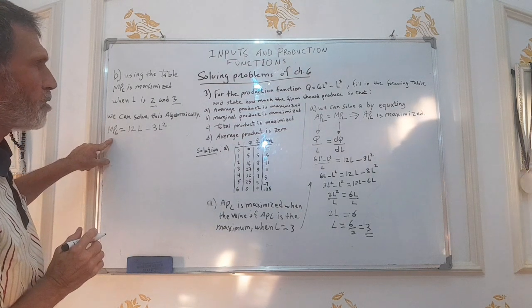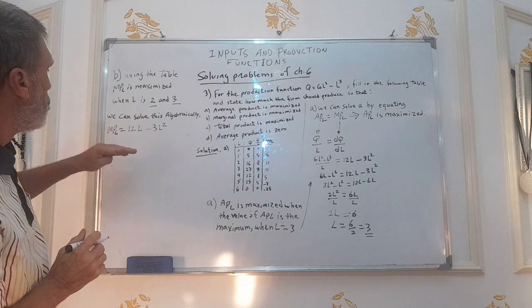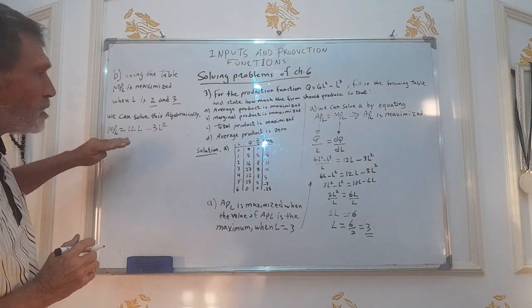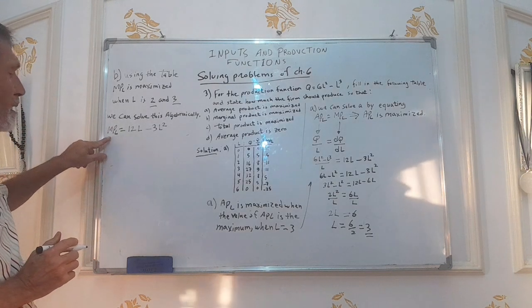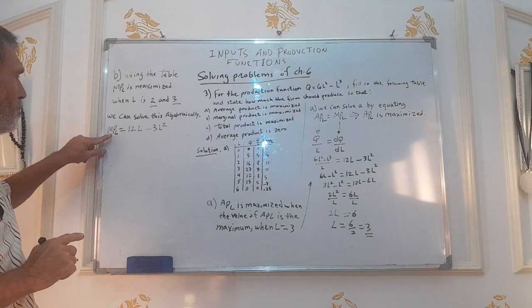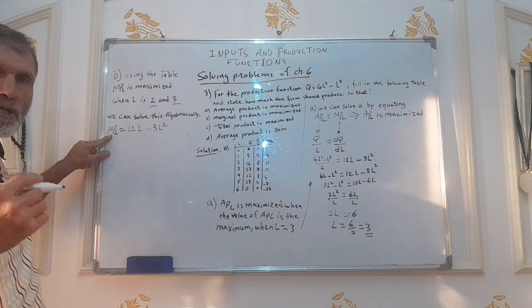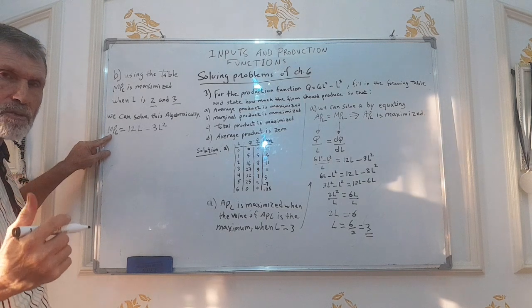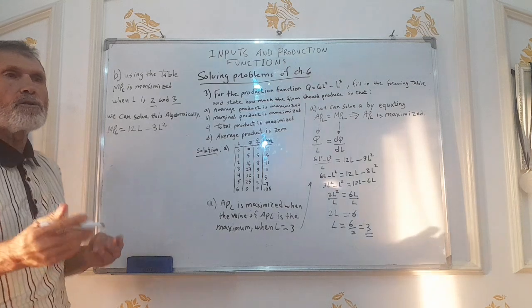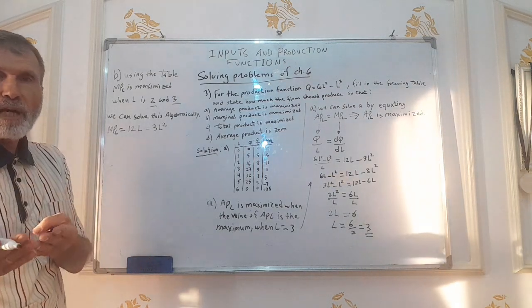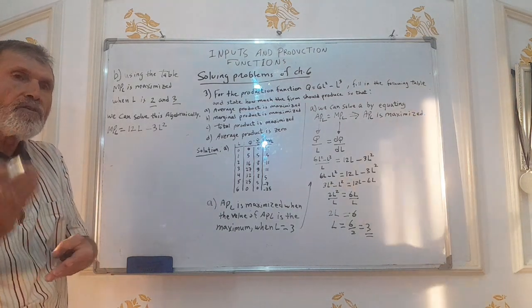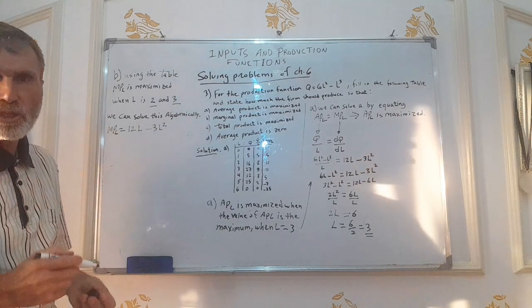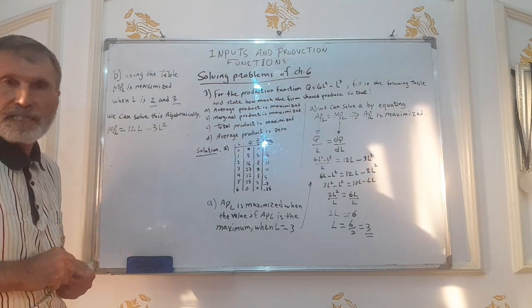We first find the derivative of Q, the total product of labor, to get the marginal product. Now, in order to maximize the marginal product, we need to find the derivative of the marginal product and set it equal to 0 to find the critical points.